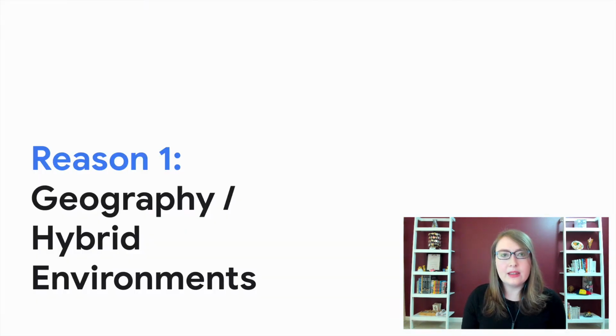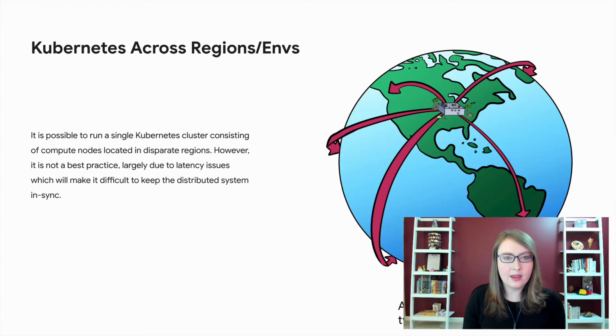So one reason that I often encounter when I talk with customers or users of multi-cluster architectures is geography, or a need to run workloads across multiple environments. If we think back to our cookie business analogy for Kubernetes, if you're running a globally distributed cookie business, are you going to have a single warehouse that manages logistics and distributes your product all over the world?